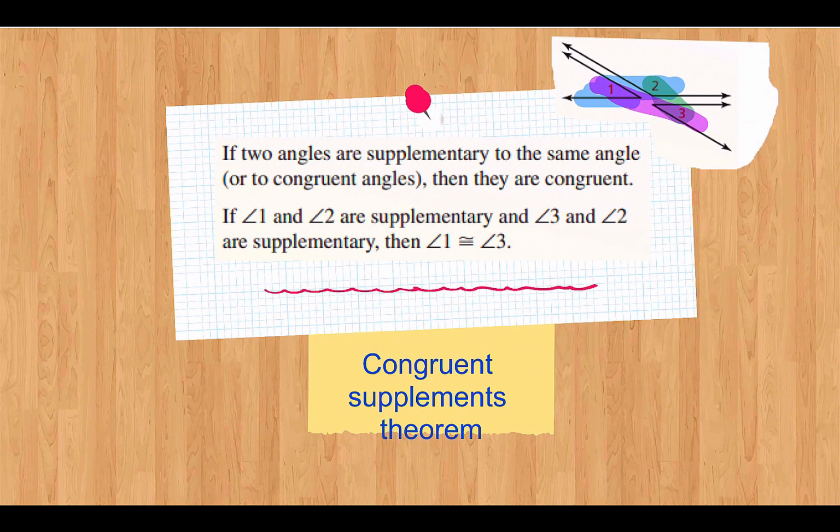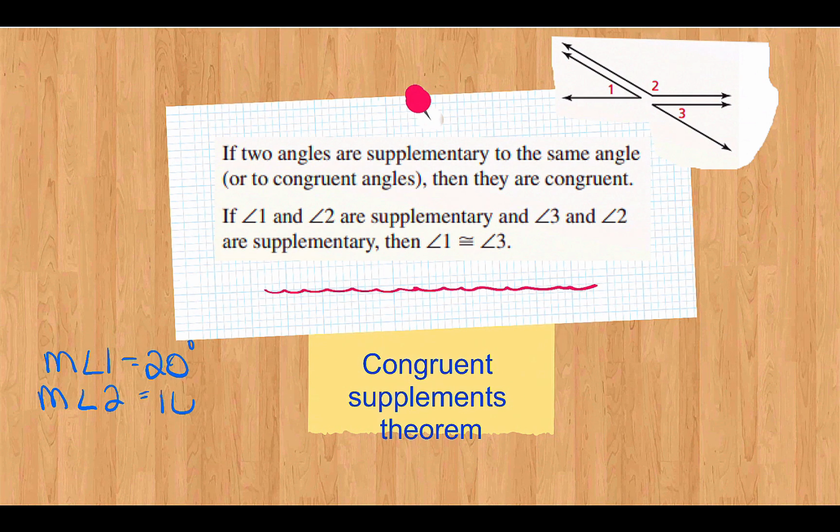So if I know that the measure of angle 1 is 20 degrees, and the measure of angle 2 is 160 degrees, because they're supplementary, they add up to 180. And they tell us that angle 3 and angle 2 are supplementary.